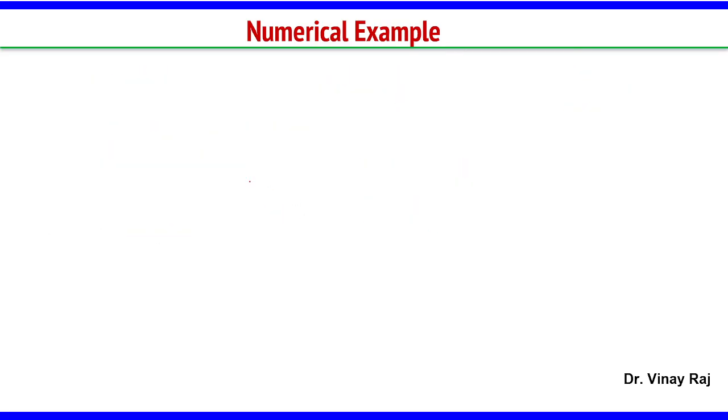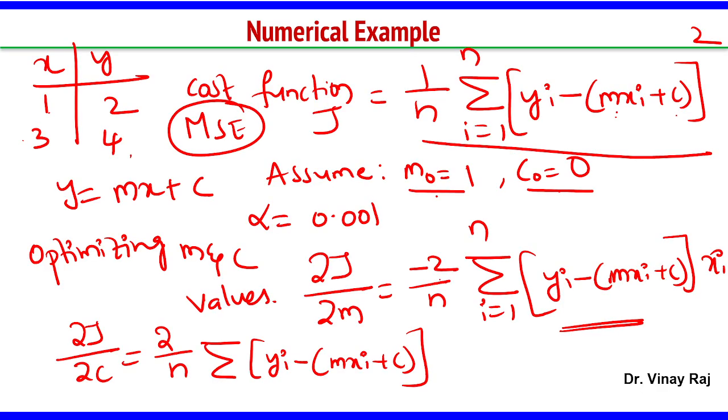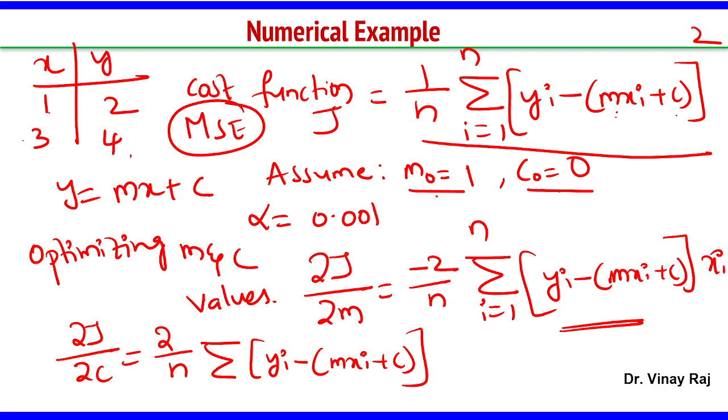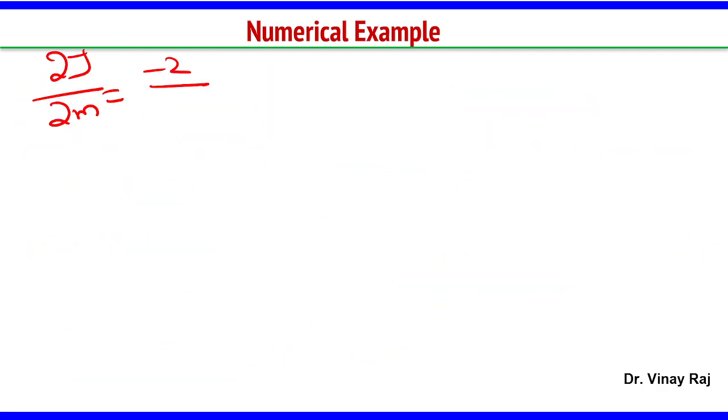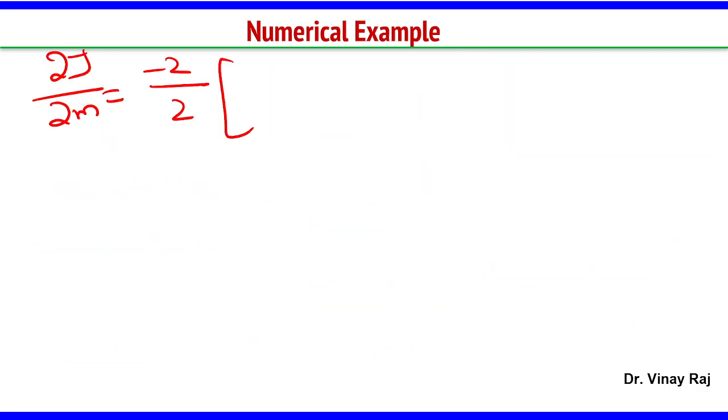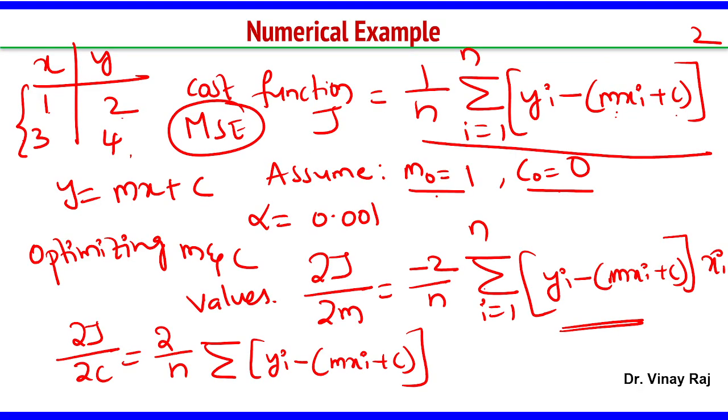Okay, so let's find dou J by dou m. What is the derivative we got here? Minus 2 by n. N is 2 because there are 2 data points. Minus 2 by 2 of, yi means 2. I will just write down the data points here, x, y, so that it is easy for us: 1, 2, 3, 4. So yi minus, so 2 minus m xi plus c, into xi.